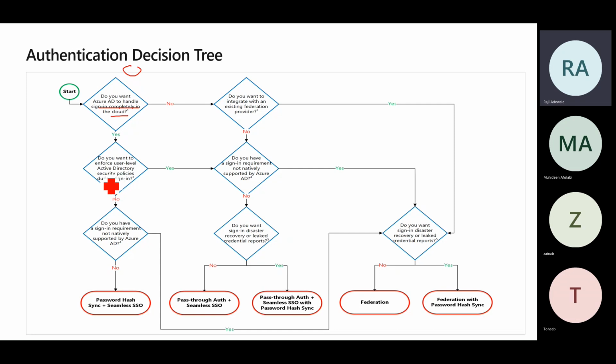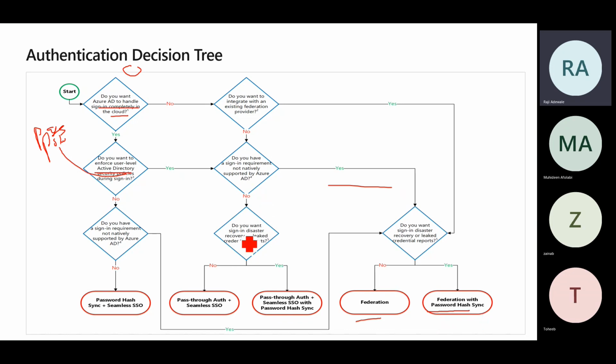What are the user-level Active Directory security policies? Password history, password strength. If you remember, on your domain controller you typically have this as a policy, and you still want that to apply. Then in this particular case, the best bet is to have a hybrid environment. Then, do you have sign-in requirements not natively supported by Azure AD? If you have that, then you either do a federation or probably a password hash sync.